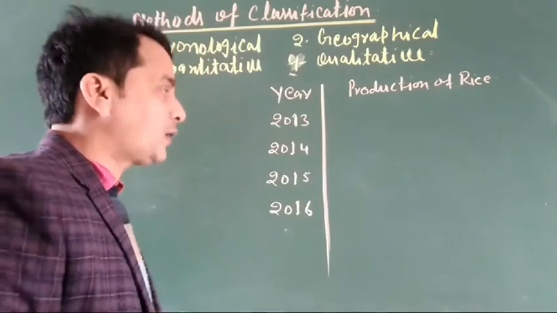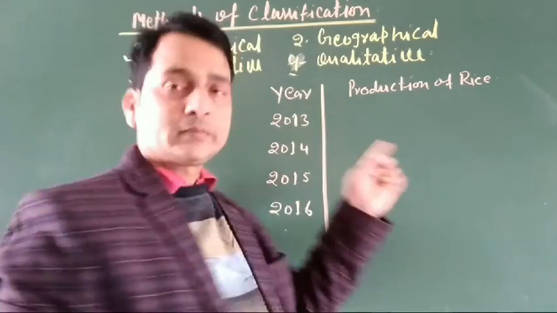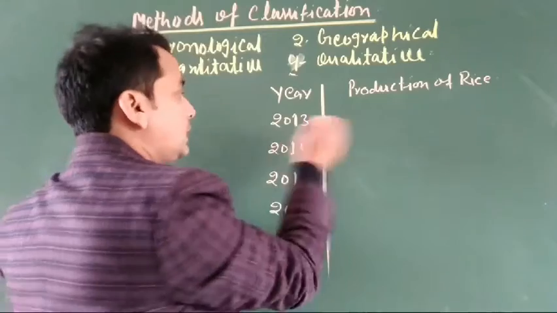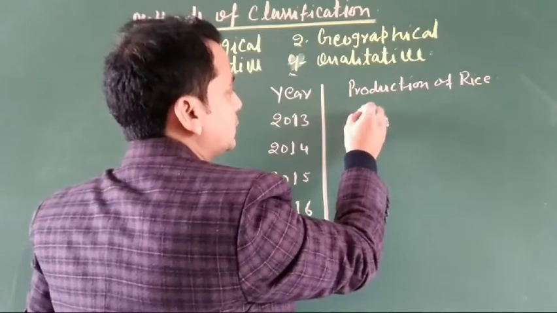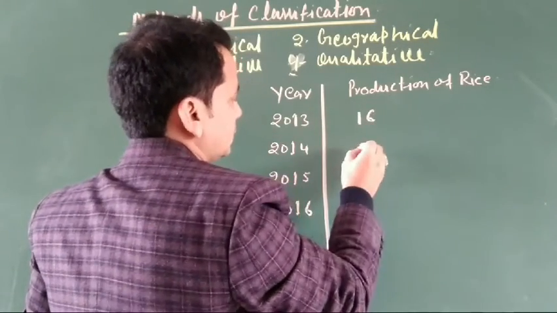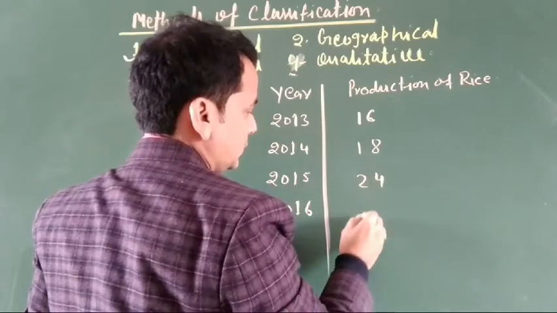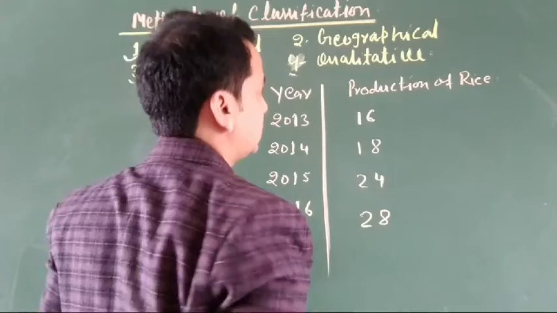The production of rice in tons in the year 2013 is 16, then 18, 24, and 28.